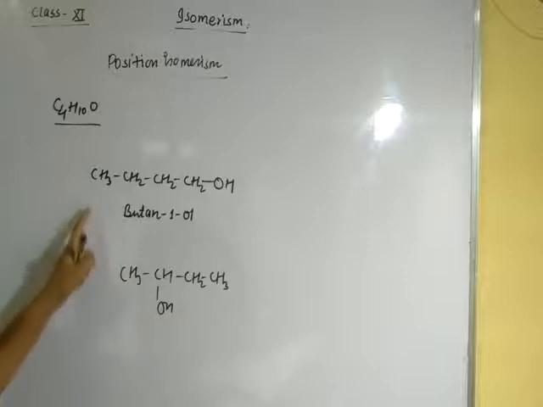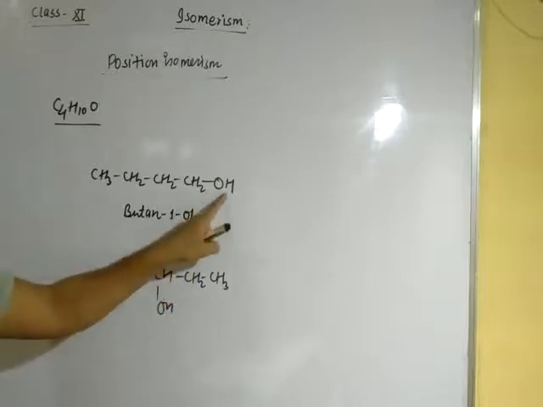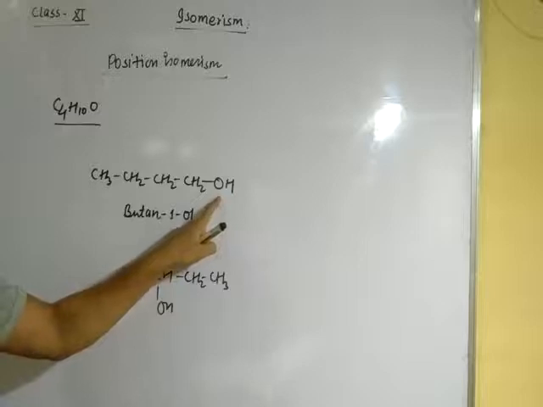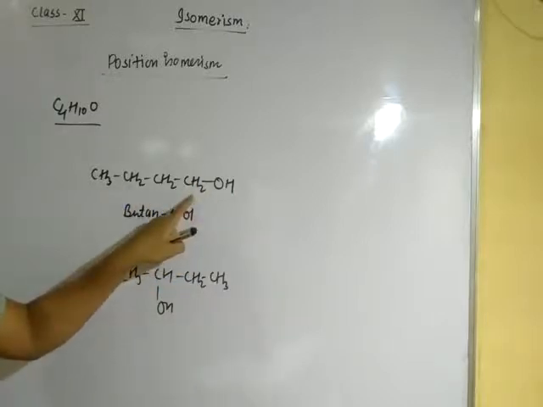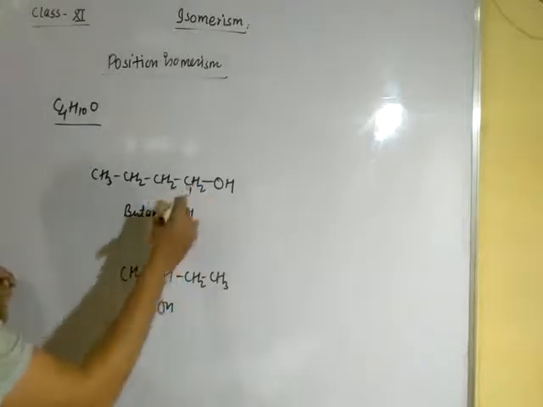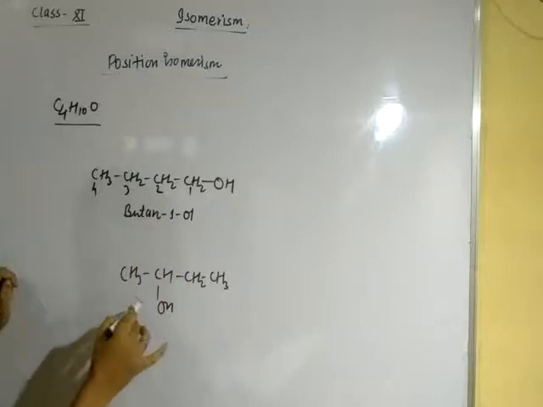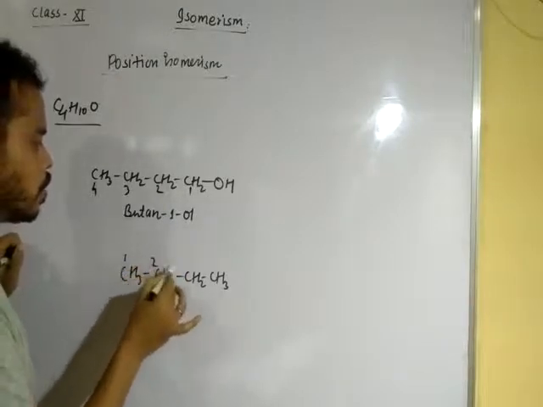That means the molecular formula of both compounds is the same, but the structures are different, due to the different arrangement of the functional group. Here the functional group is the hydroxy group, and in this compound the hydroxy group is attached to carbon number 1, but in the other compound the hydroxy group is attached to carbon number 2.